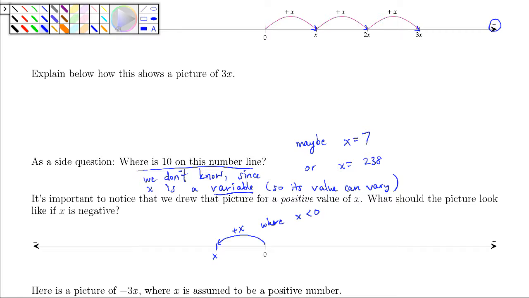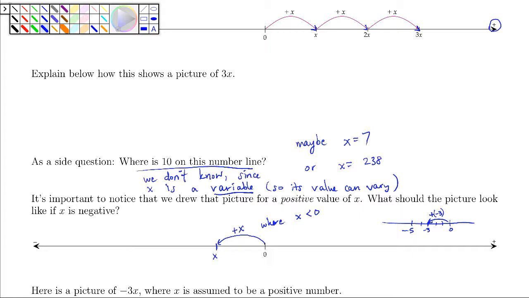I'm adding a value of x, just like if I had a picture of 1, 2, 3, 4, 5, negative 5. Here's the number negative 3. And this would be a motion that showed adding negative 3, okay? The value is negative 3, and I'm adding that value.